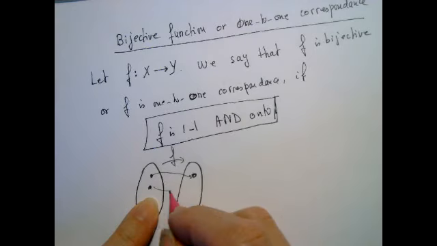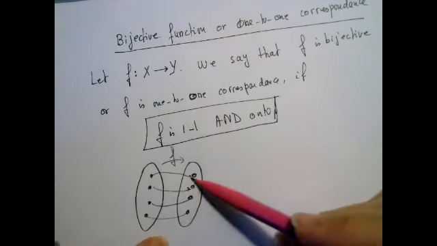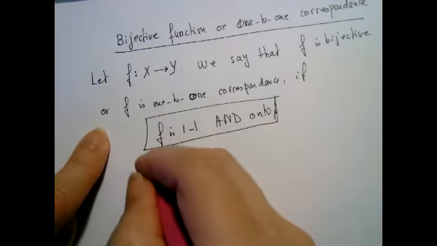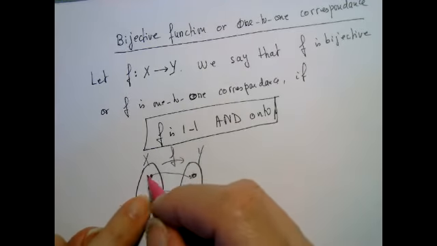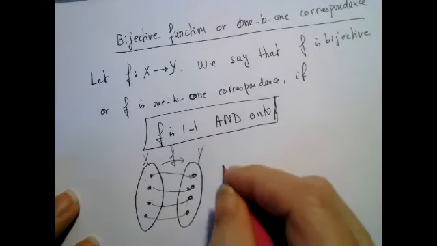This has to be sent here, this has to be sent to a different one, and a different one. That's a bijection. It is one-to-one and onto. Every term in the codomain is hit by a term in the domain, and no two different terms are sent to the same thing. That's a bijection.